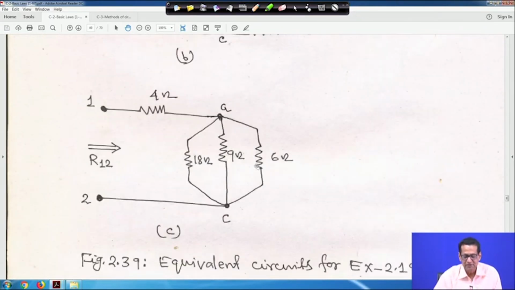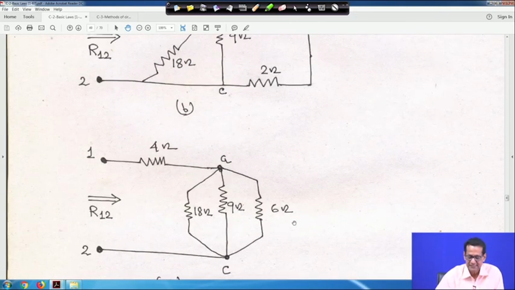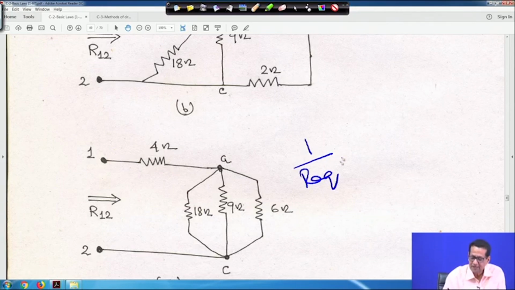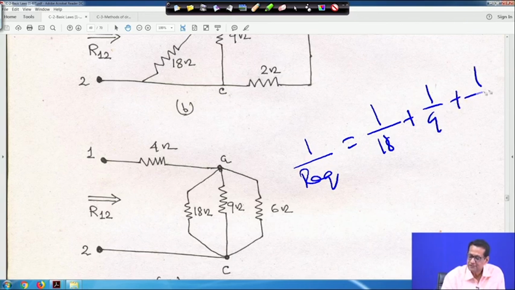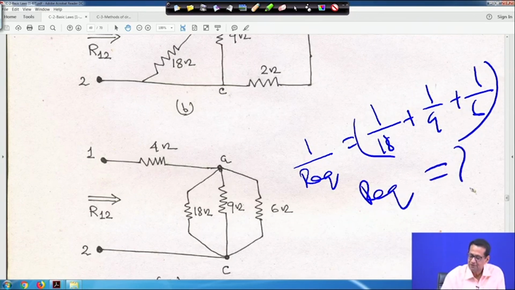Find out the equivalent of this 6, 9 and 18. We told you how to find it: 1 upon Req is equal to 1 upon 18 plus 1 upon 9 plus 1 upon 6, right. From that you find out Req. So I have calculated, these all three are in parallel.